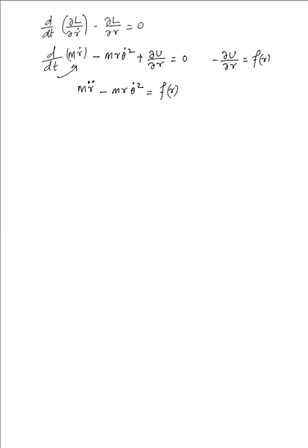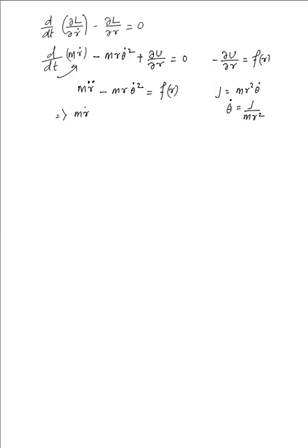Now if you remember that J is equal to m r square theta dot, so instead of theta dot we have J divided by m r square. We can just put it over there because we want it to be completely dependent on the position.